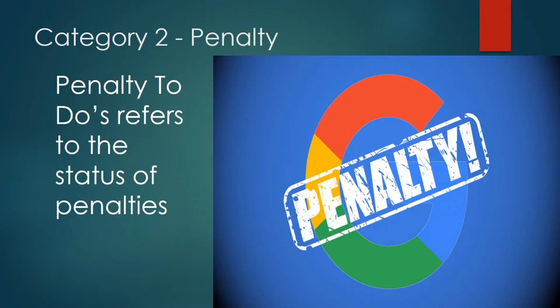Category 2, penalties. The penalty to-do refers to the status of penalties for cases within a caseload. This category would include to-dos related to requested penalties, imposed penalties, lifted penalties, and also cash severance benefits.